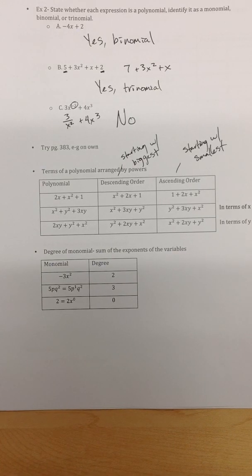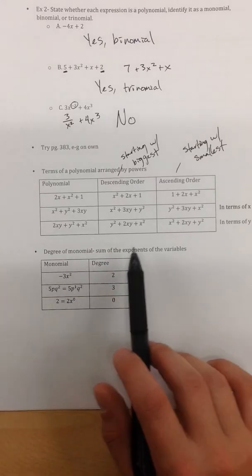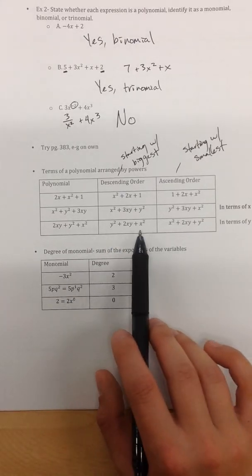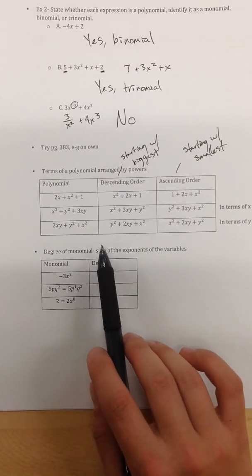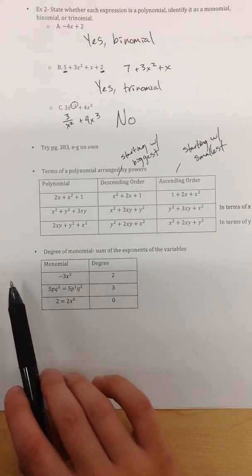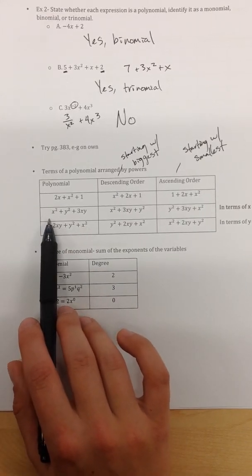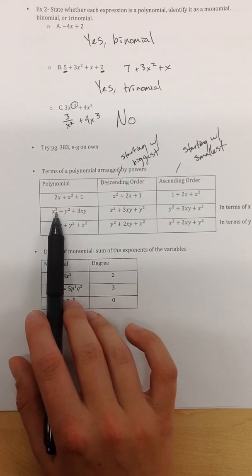Okay, so now this gets a little bit tricky when we have multiple variables. So if they're asking you to arrange it in either descending or ascending, they'll tell you in terms of one of the variables. So this first one here is in terms of x. So we could care less what the y's are, we only care about the x. So when we order this here, we're looking for our biggest x value, which in this case would be x squared.